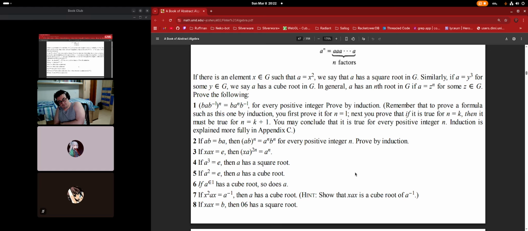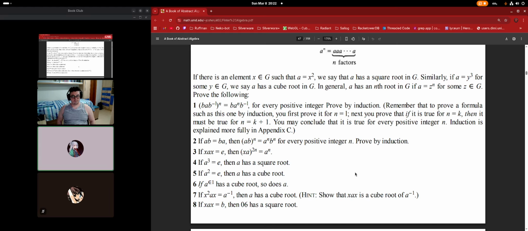Well, in order to get to e, you must multiply something by its inverse, right? So let's assume that a is the inverse of something else, which would be a squared in this case. Well, clearly a is not its own inverse because a times a squared equals e.